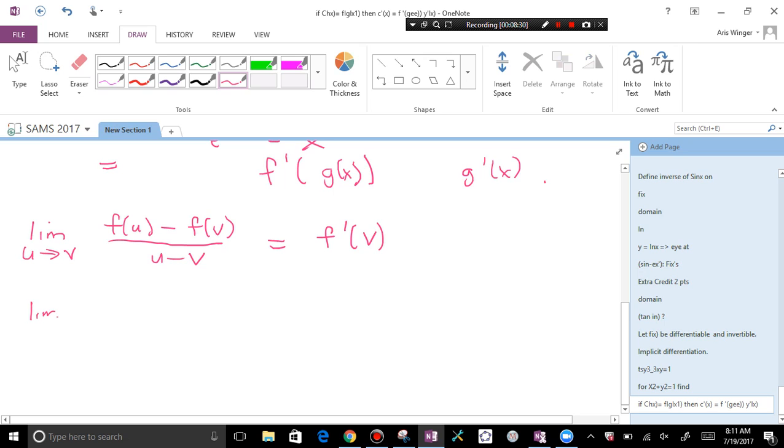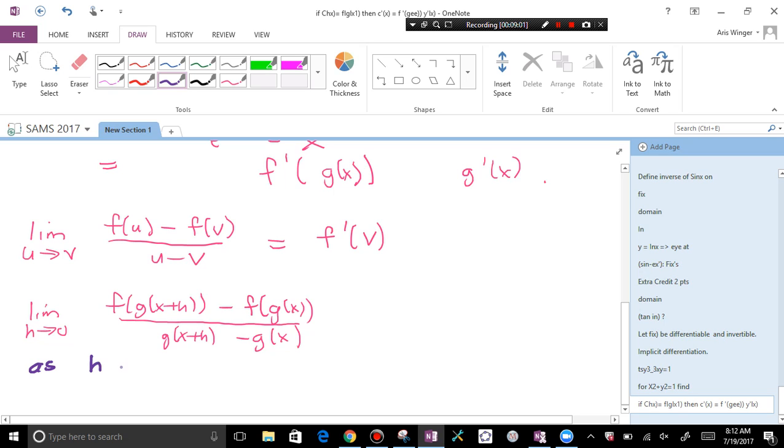When I write the limit as h tends to 0 of f of g of x plus h minus f of g of x, all over g of x plus h minus g of x, I want us to recognize that as h goes to 0, g of x plus h goes to g of x, right?